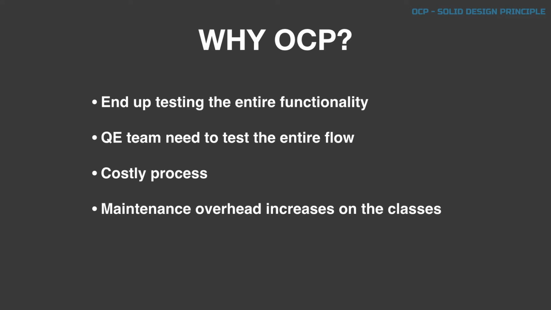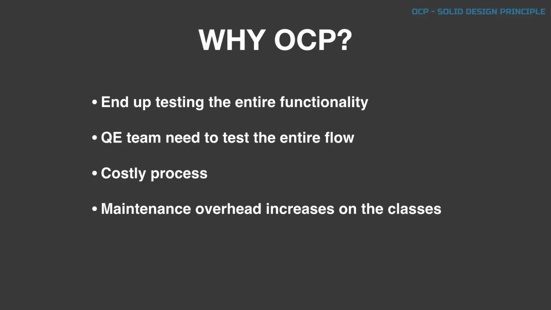So this brings us a question: why OCP? Assume you are touching the binary code or the source code of that part for the new functionality. You want to test the new functionality, but you will end up testing the entire functionality again.